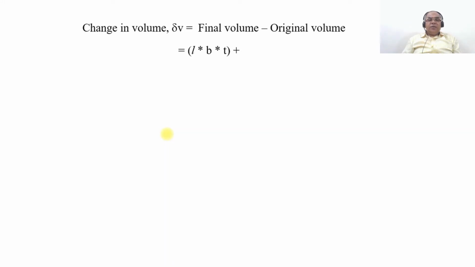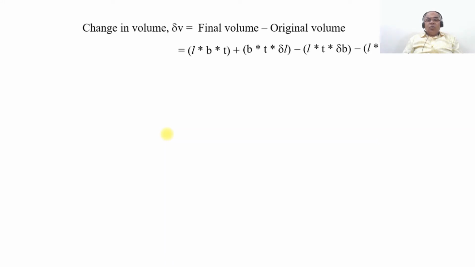Final volume will be equal to (L plus delta L) into (B minus delta B) into (T minus delta T), since along the length it is increasing, and the lateral dimensions will decrease, minus L into B into T.